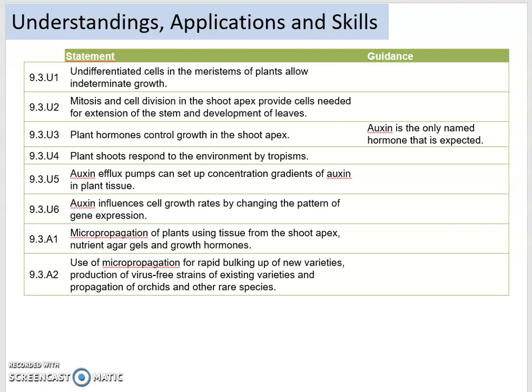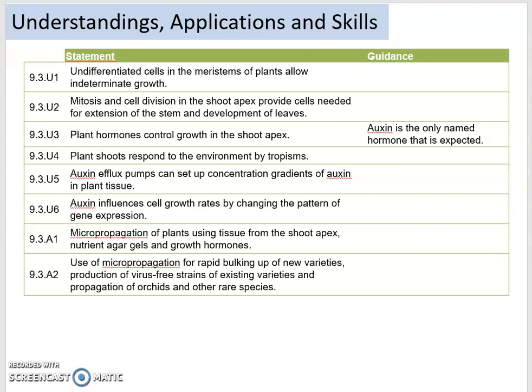We're going to also look at the effect of auxin and what we know about auxin, allowing man to manipulate the growth of plants. And in particular, we're going to look at micropropagation. I've asked Harry to dip into this, and he's going to help us to understand a little bit more about micropropagation. But micropropagation allows us to produce large numbers of genetically identical individual crop plants, valuable crop plants.